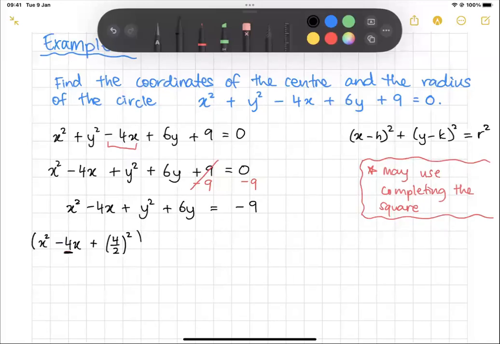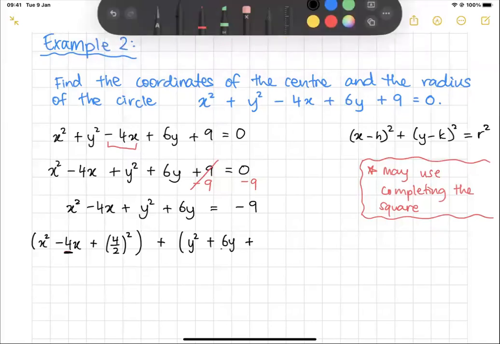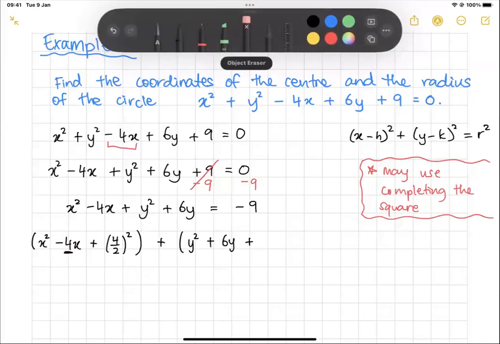I'm just going to close the bracket there, and I'm going to add a bracket, y squared plus 6y. And I'm now going to add, for completing the square, 6 over 2, and I'm going to whole square it.